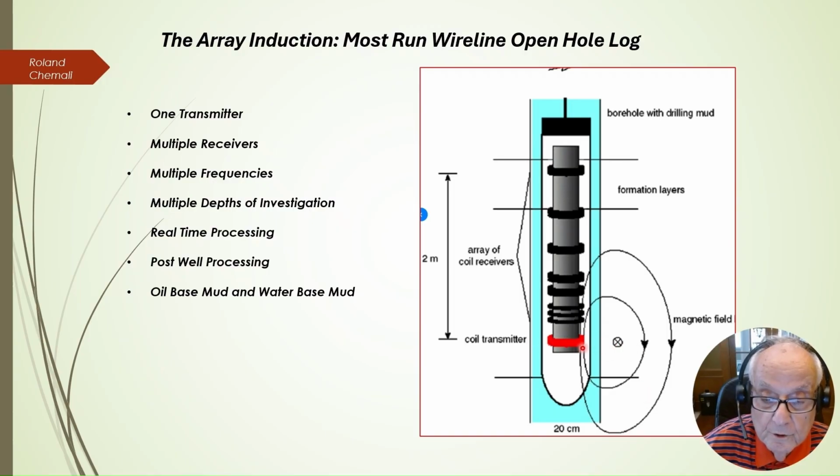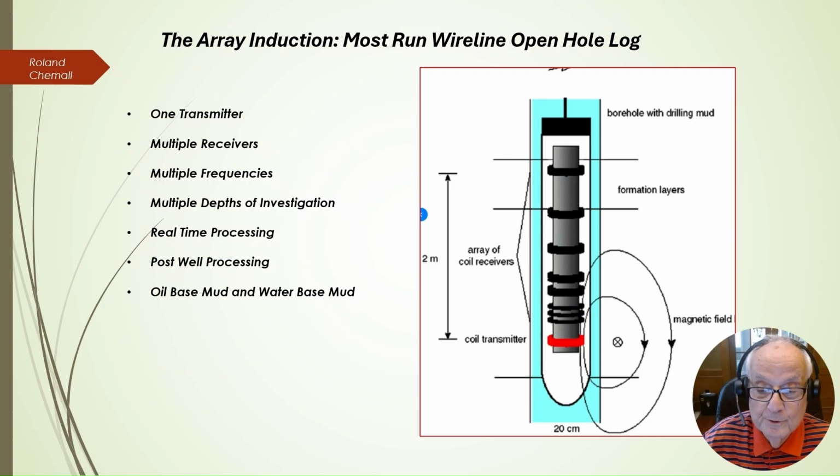has a coil, a transmitter which establishes electromagnetic waves, and a bunch of receivers that are combined in pairs to give you multiple depths of investigation and multiple resolutions. So an array induction typically will have one transmitter, multiple receivers, multiple frequencies, multiple depths of investigation, real-time processing and post-well processing.